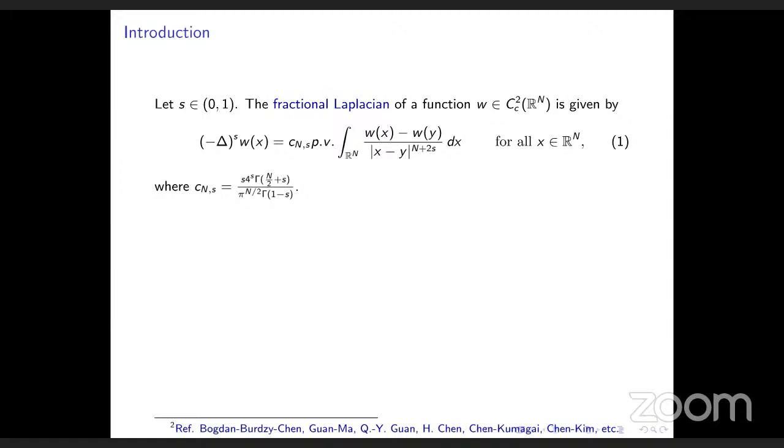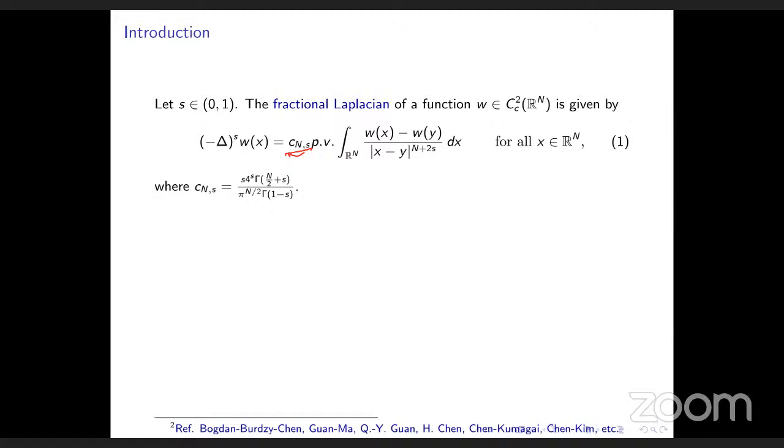The constant in front of this operator tells about the Fourier transform of the operator, for which we have a nice formula. We will come back to this later on.